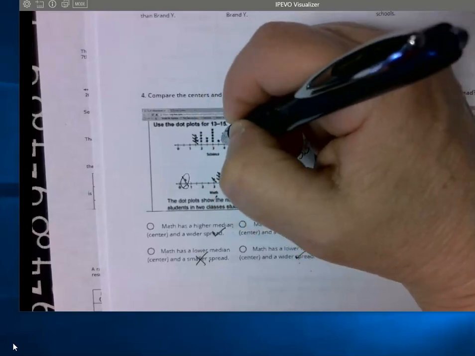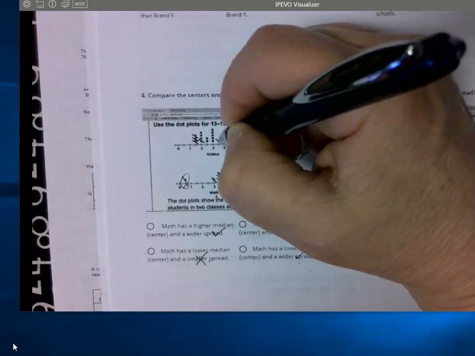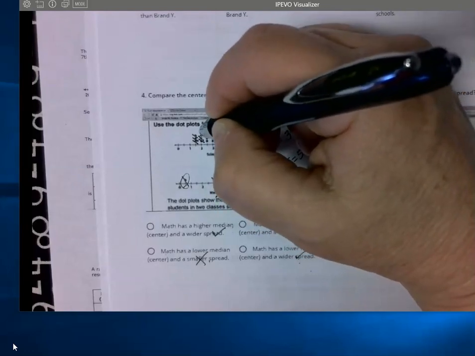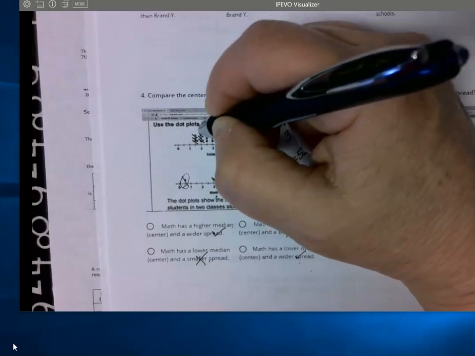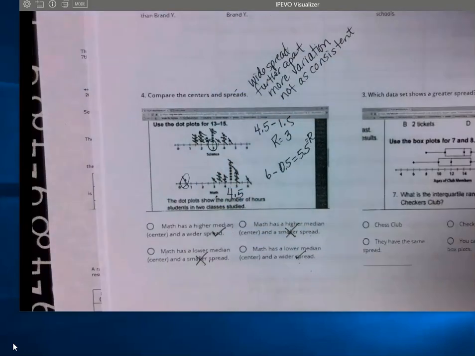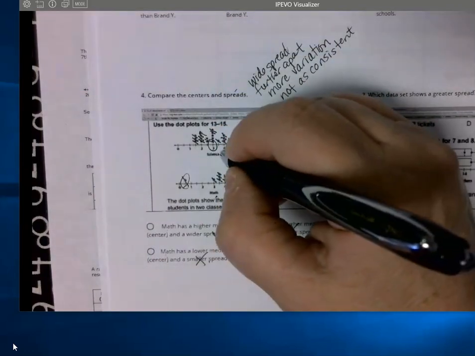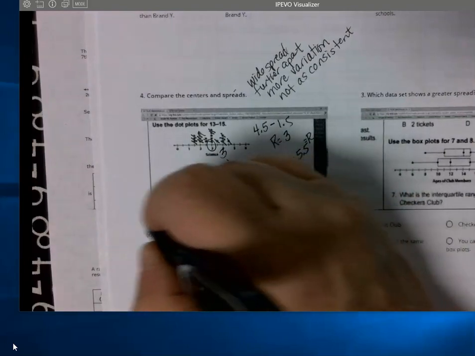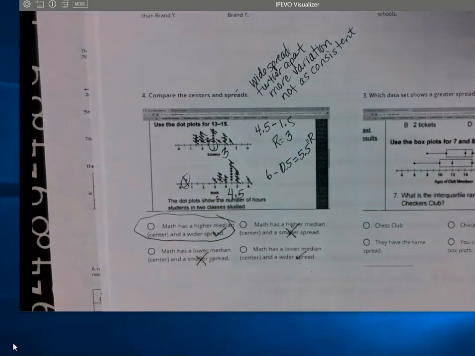Remember, just keep going. Okay, and I find out that my median is 3. So math has a higher median, which means that this is my first answer.